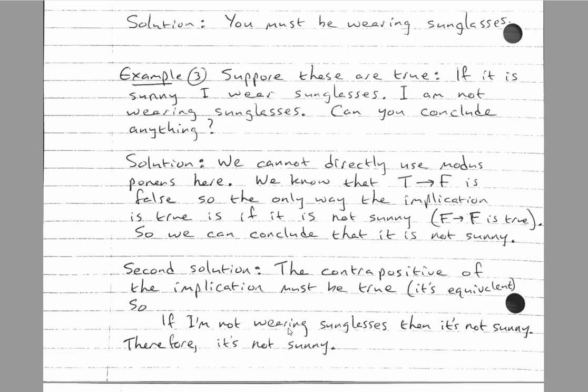So now we could use modus ponens. I'm not wearing sunglasses. If I'm not wearing sunglasses, then it's not sunny. So therefore, it's not sunny. These take some getting used to, but I hope it's making sense.